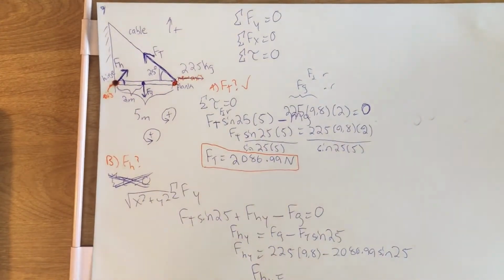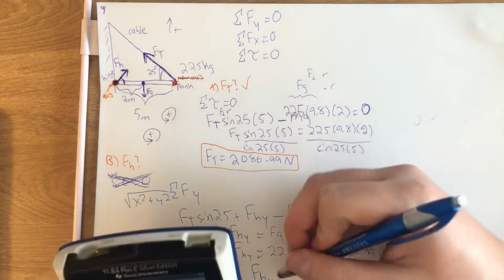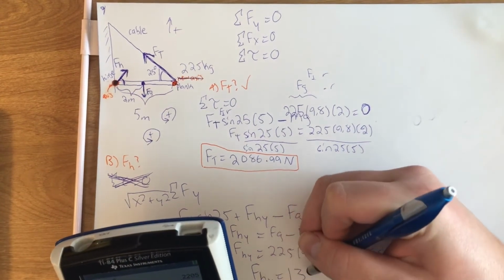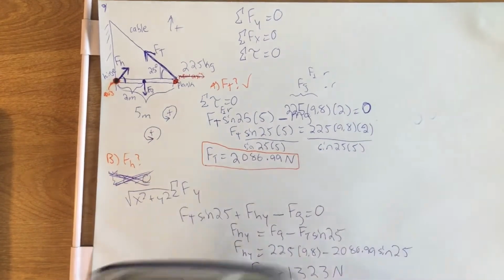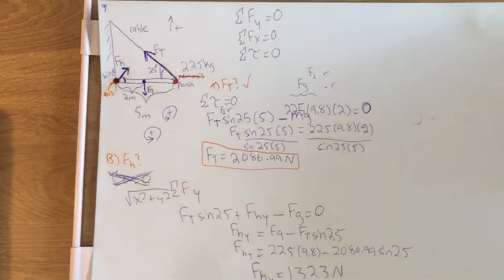What does the y component of the hinge equal? I find the y component of the hinge equals 1,323 newtons. I'll circle this because we need it later.